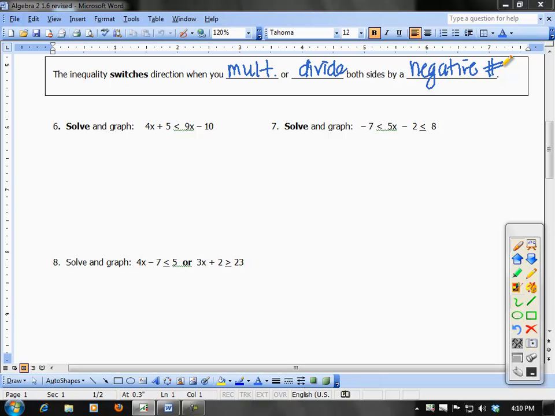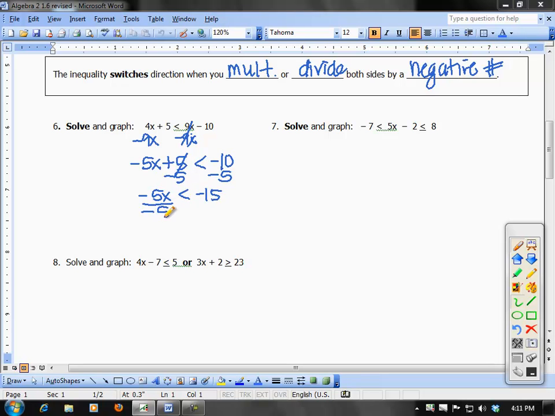So I'm always going to take my right x value, in this case the 9x, it's positive, so I'm going to subtract it to move, and I get -5x plus 5 is less than -10. Again, just personal preference, I think it's easier to read when the x is on the left side. Now I've got addition, so I'm going to move the addition by subtracting. So -5x is less than -15.